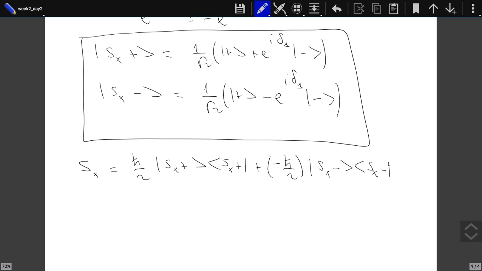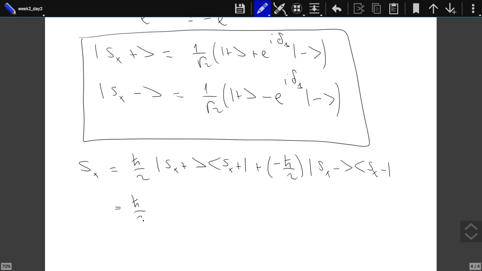We already identified the eigenstates corresponding to this operator Sx. In terms of those eigenstates, this will be the form of our operator. I can express these in terms of the states corresponding to Sz plus and Sz minus. Just use the above definitions.